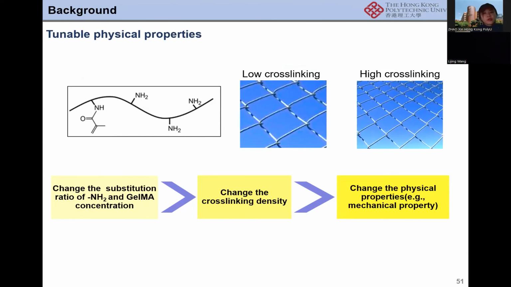The major advantage of these materials is that we can control their cross-linking density in many different ways. For example, we can control how much C=C replaces the amine group, and we can control the material concentration. So we can control the cross-linking density, and then the physical properties like mechanical properties.